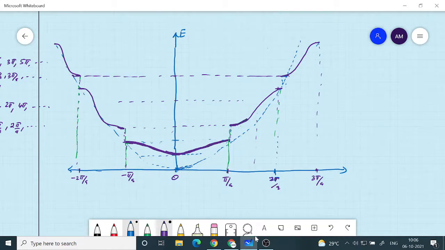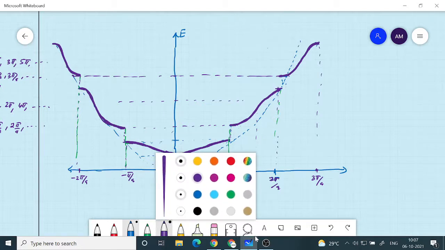The second band is this. Okay, and it is symmetric on both sides. And the third band starts here. Okay, and the in between regions are the forbidden regions.